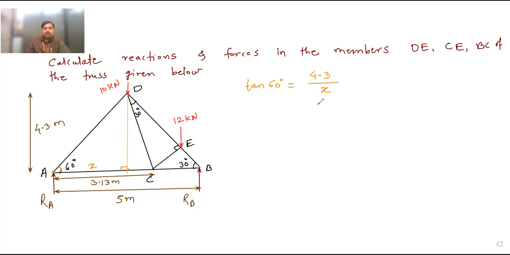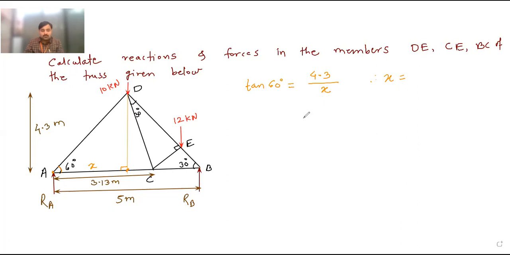So if you need to calculate x, then calculate the value of x. Let me know the answer. The opposite side is this 4.3 and the adjacent side is x. Because this is 90 degrees, AD will become the hypotenuse. What is the answer? 7.4?